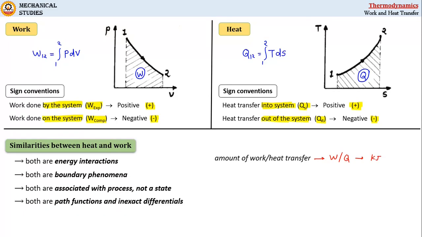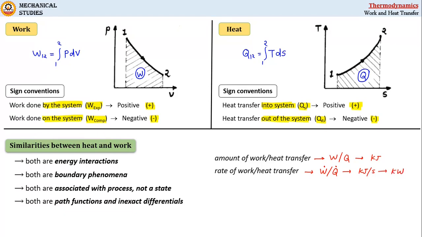Whereas the amount of work or heat transfer over the period of time will be expressed as a rate of heat or rate of work transfer, and that will be denoted by a capital letter having dot over the head like W dot or Q dot, and their unit will be kilojoule per second. That means kilowatt. Kilojoule per second is kilowatt.